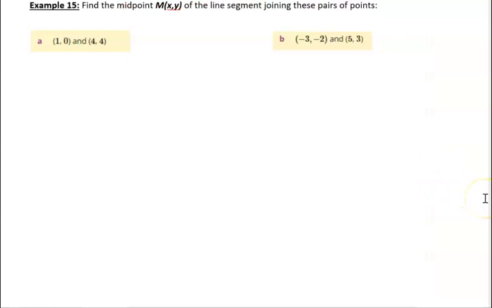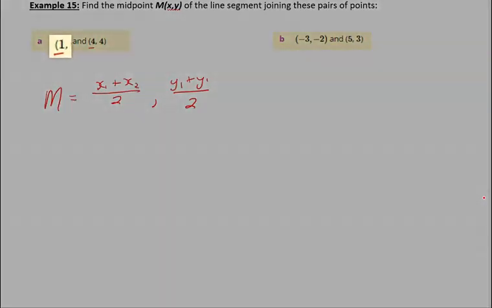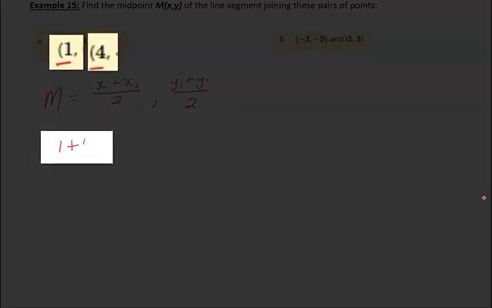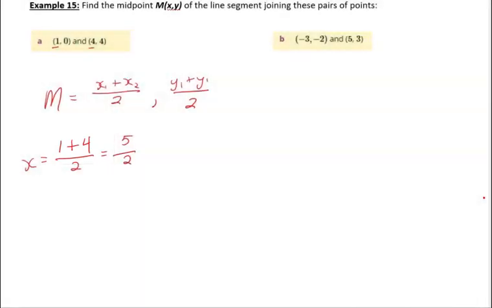So find the midpoint of this. We've got a couple of x's and a couple of y's. Remember, the midpoint is the first x plus the second x averaged, and the first y plus the second y averaged. So let's do them separately. For x, we've got 1 plus 4 over 2, 5 over 2.